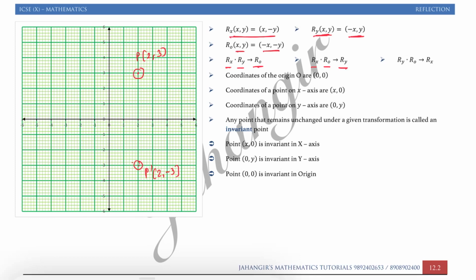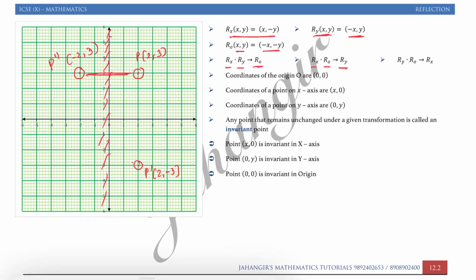It will become minus 2 comma 3. This is P double dash. So what is the single transformation? See, the single transformation is reflection in y-axis. The point P has been reflected in y-axis.